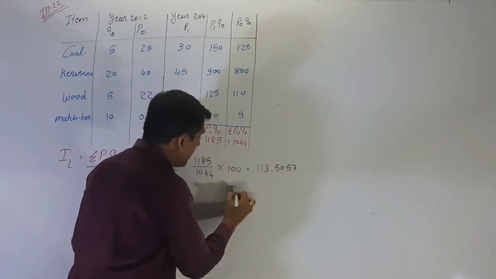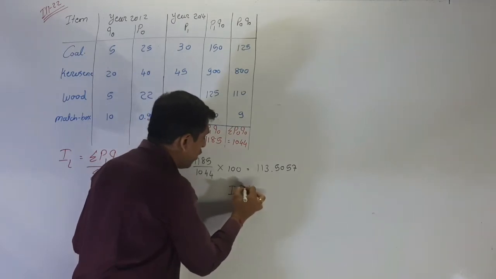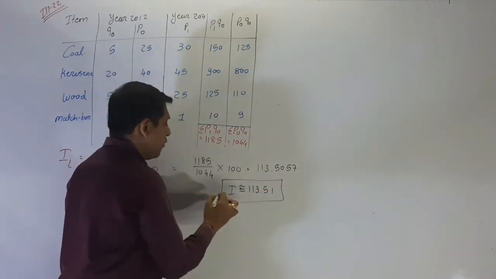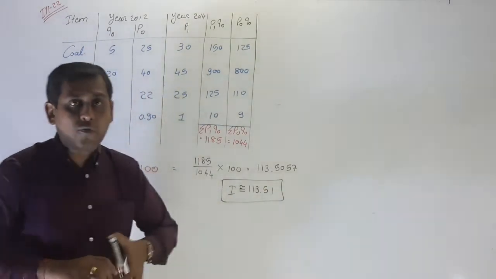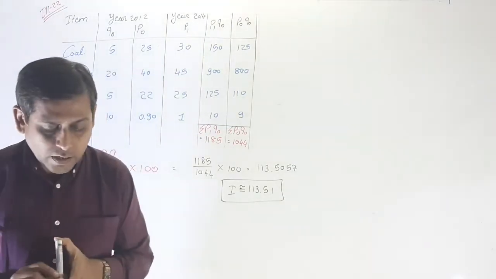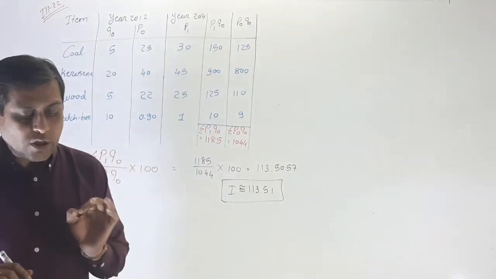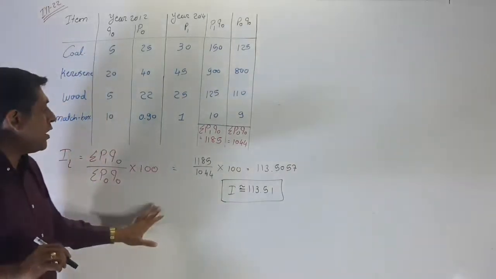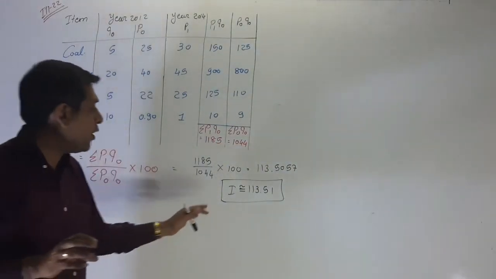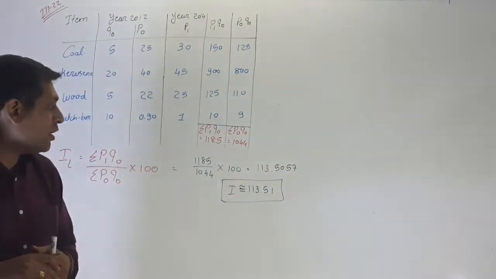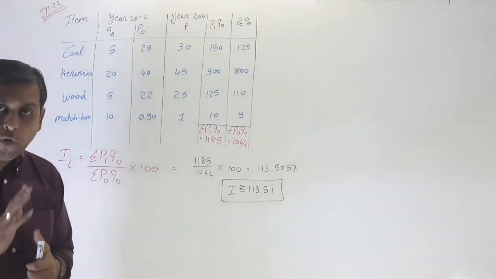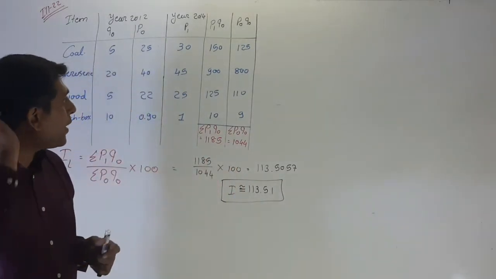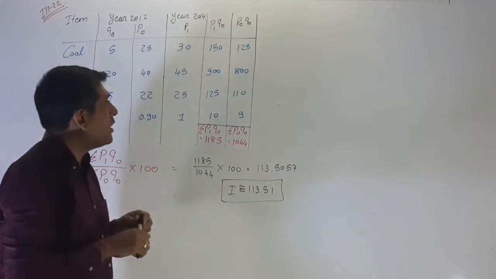So you can say that the approximate value of the index number is 113.51, your fuel group index number. First answer is over. Prepare the index number of the group of fuel expenditure from this data. Here the group of fuel expenditure, index number is 113.51. Okay, now from that we have to prepare a second table.